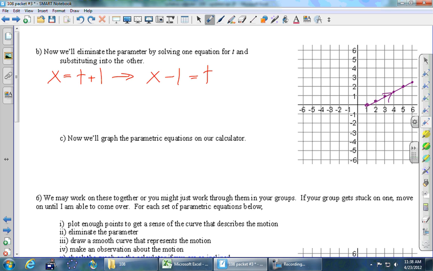We get t is x minus 1. And what was the other equation? y equals t over 2. So we get y equals x minus 1 over 2. Any questions about solving for the t and then plugging into the other?